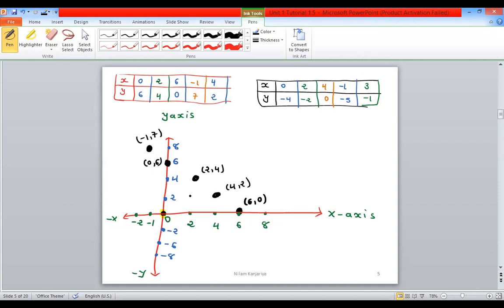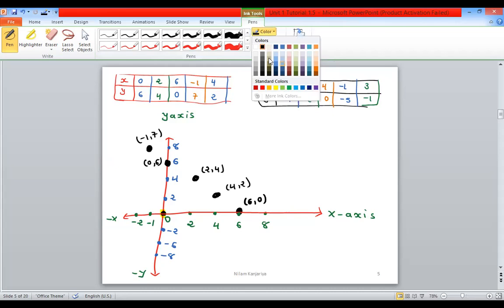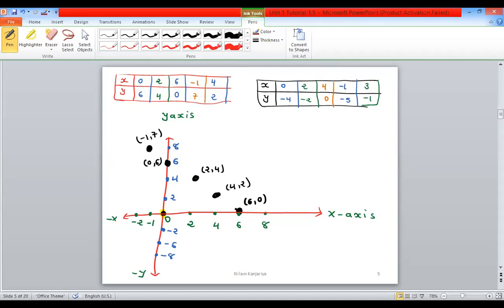Join all these points. All the students, please join it using this scale. You must draw a straight line. Join all these points.